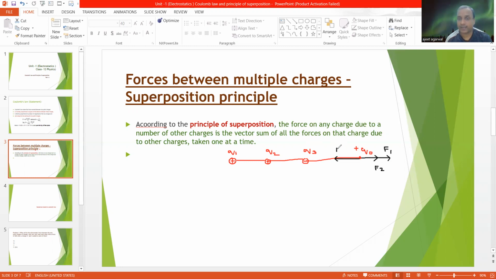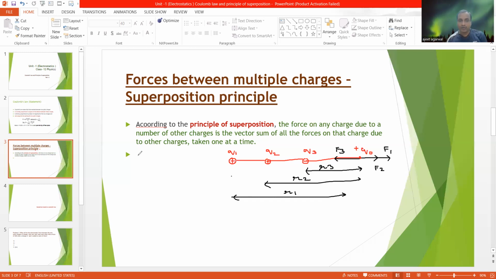That is F3. Now, if distances are given, suppose from Q3 up to Q0, it is R3. From Q2, Q0 is at a distance R2. And from Q1, suppose it is at R1. So first of all, you will calculate F1 by Coulomb's law formula.